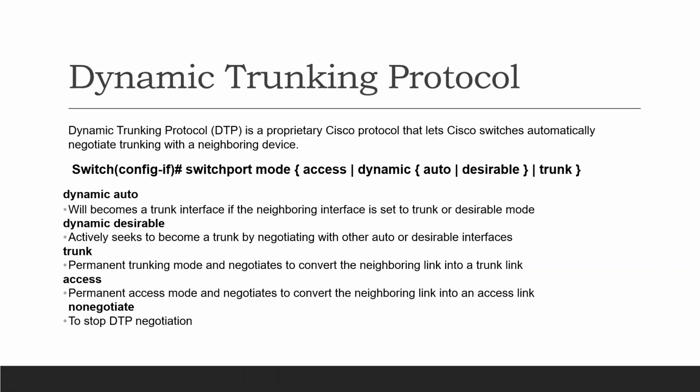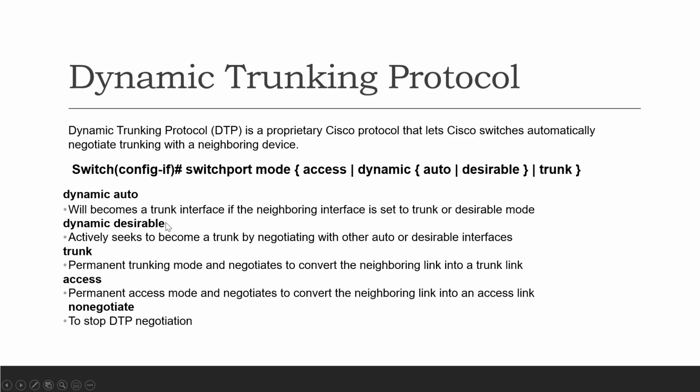DTP, Dynamic Trunking Protocol, is a Cisco proprietary protocol that lets Cisco switches automatically negotiate the trunk mode. When we configure the interface in interface configuration mode, we can configure the interface with the switchport mode dynamic auto or dynamic desirable.